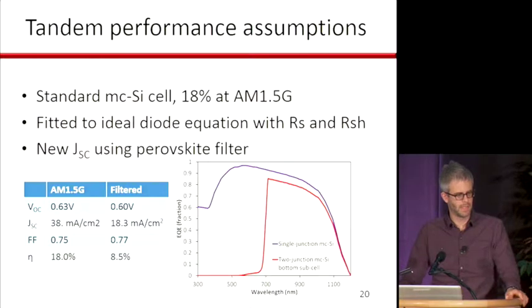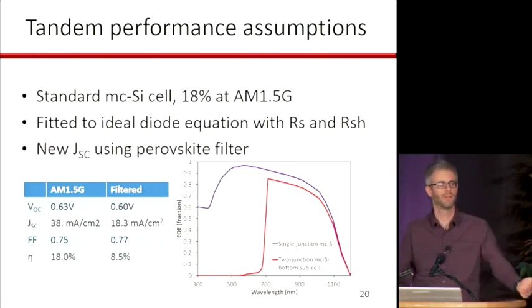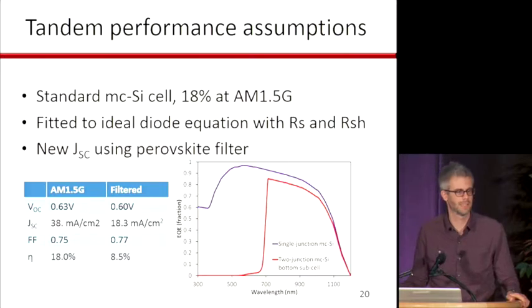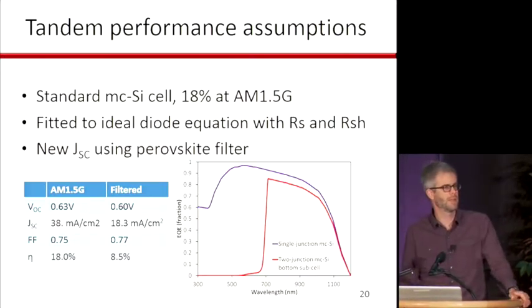What would happen is the current would drop from 38 milliamps per centimeter squared down to 18. The voltage goes down just a tiny bit when you reduce the current. Fill factor actually goes up a little bit when the current goes down because you don't drop as much voltage across the series resistor. And so we think in the tandem we'd get about 8.5% just from the silicon.